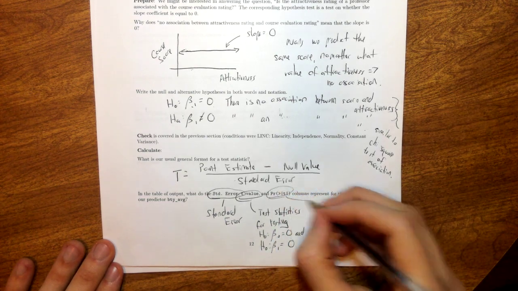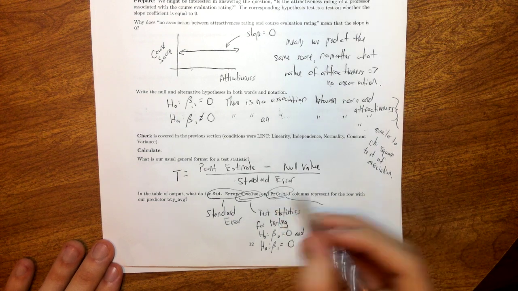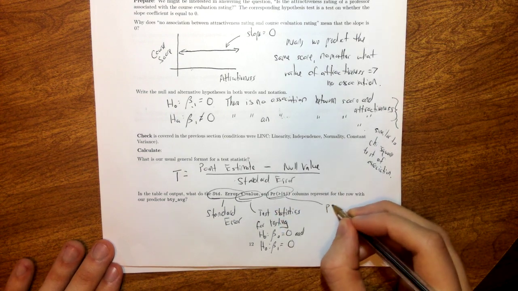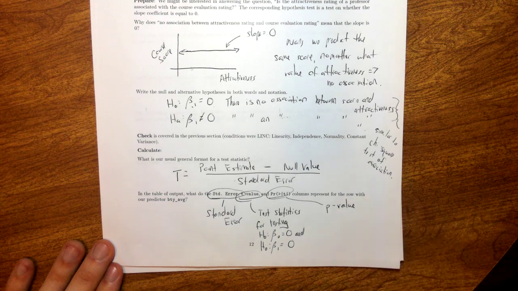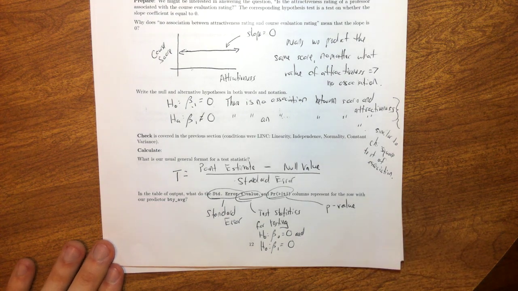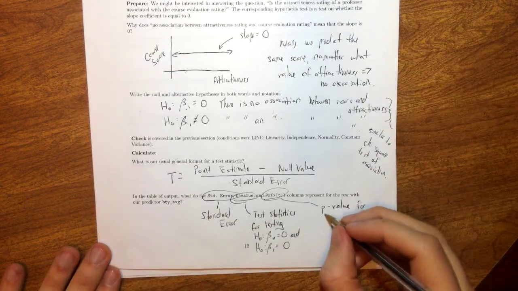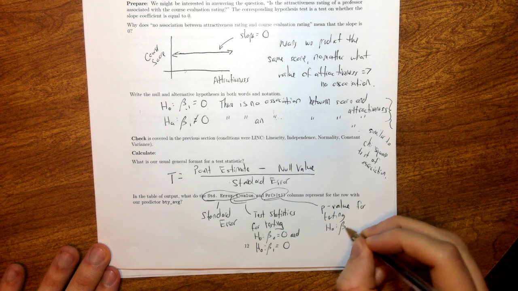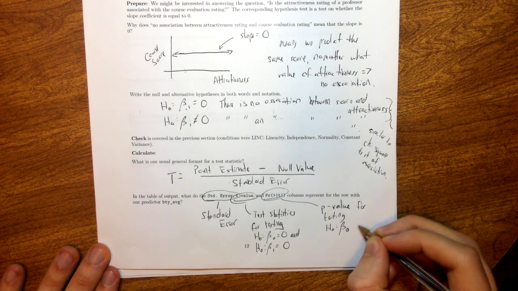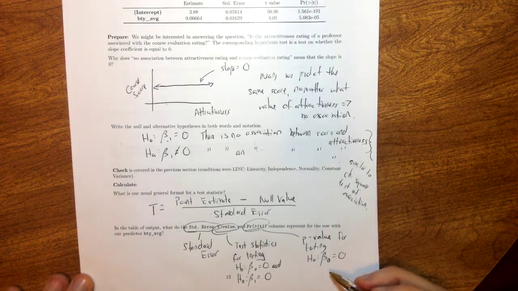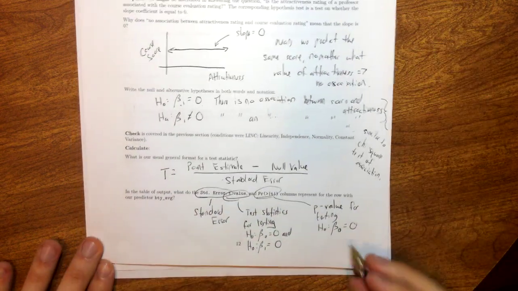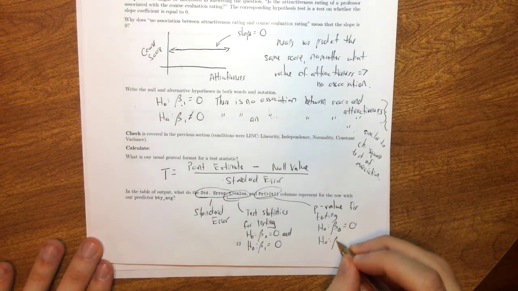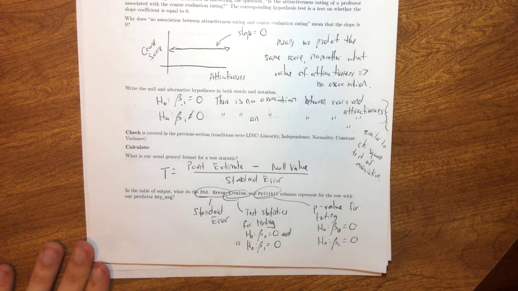And then finally, this kind of weird one is R's and some other software's notation for a p-value. Those two p-values, again, the first one is for testing the null that the intercept is 0. The second one is for testing whether the slope is 0.